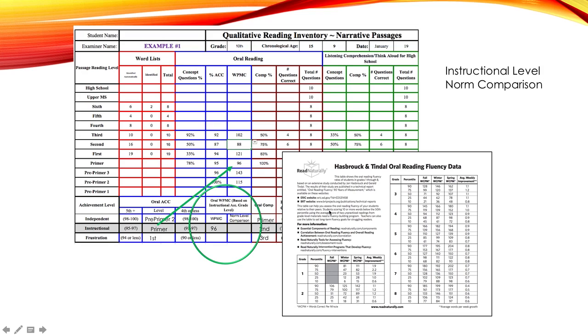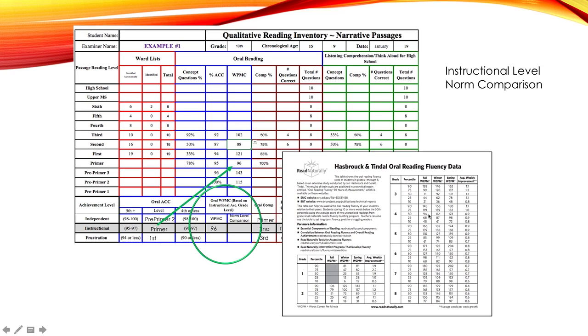Then we're going to use our Hasbrook and Tyndall Fluency Norm data, and we are going to look for where 96 words per minute would fall into one of these average 50th percentile grade bands. And I see 92 words per minute correct, which is close to 96. Let's see if we can get closer.